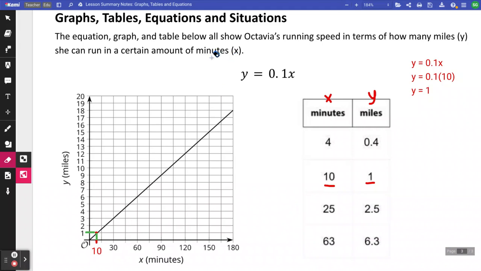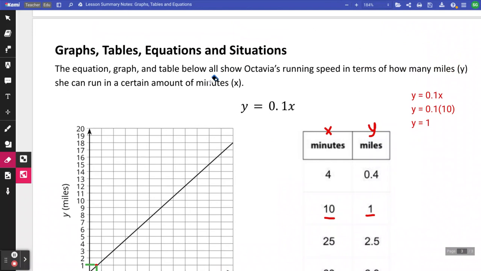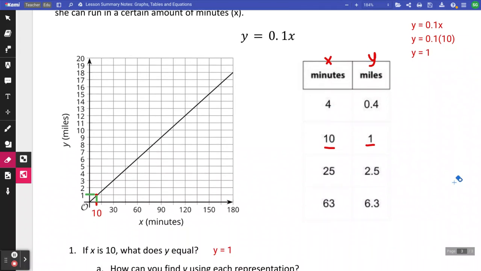Remember, x is the number of minutes and y is our miles. So if x is 10, that means in 10 minutes, Octavia can run 1 mile. If we look at our table, we're lucky our table already has those labels there, and we can confirm as well. It takes 10 minutes for her to run 1 mile, which in my opinion is pretty good.